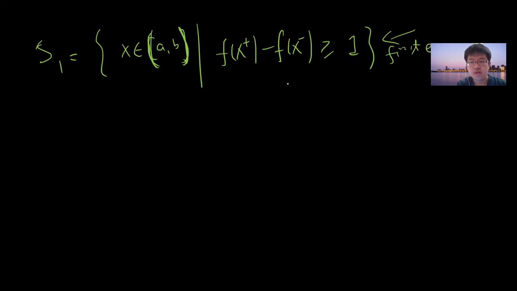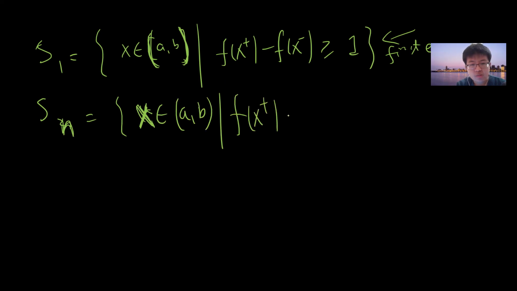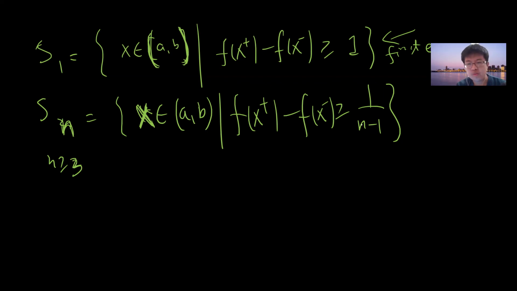So in general let's define Sn, the set of x in the open interval such that the jump is greater or equal to 1 over n minus 1. Sorry, that should be less, because I already defined S1, so this is for n greater or equal to 2.